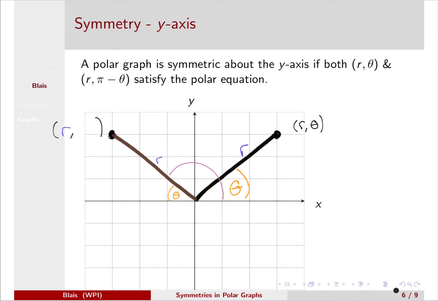So this angle here is pi minus theta, and we can use that as a polar representation of our point reflected about the y-axis.